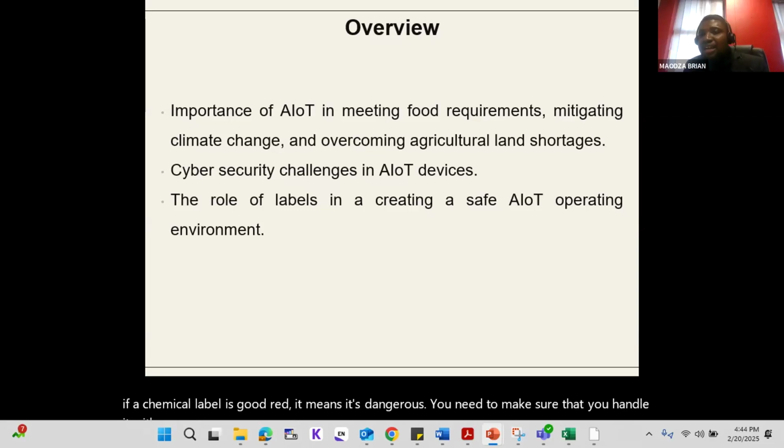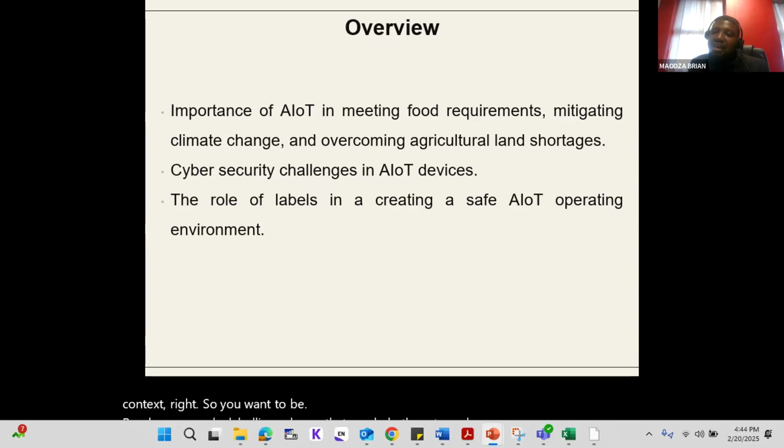So that's the same idea, because farmers are now buying these devices on a daily basis. Some of them don't have the technical knowledge. You are looking at small scale farmers, or farmers who are coming up, for example, in the South African context, right? So we proposed a labeling scheme that can help them to make decisions.